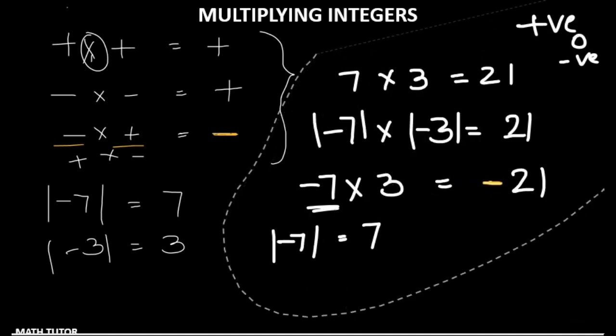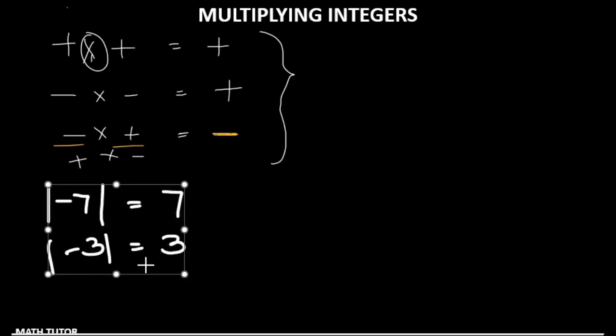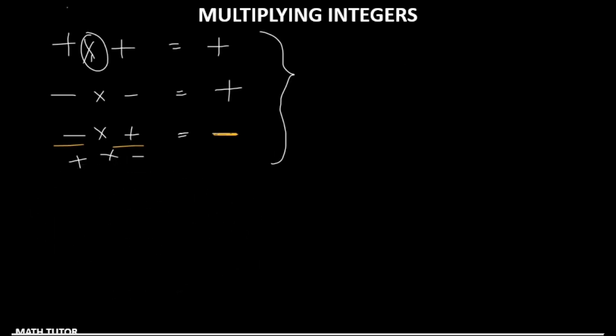Let us see some more examples for multiplying integers. Let us consider minus 2 times minus 3 and 4 times 5. In the first example, both are of the same sign.